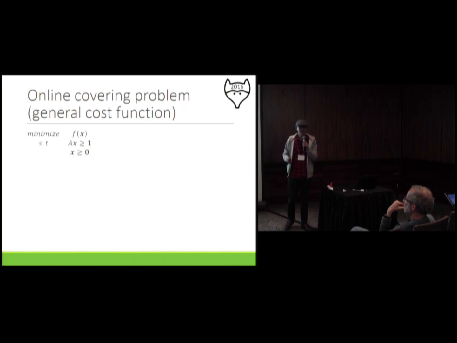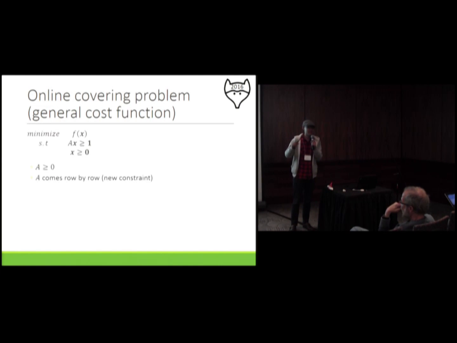Okay. We can write this problem in a mathematical way. Here, the vector x means the number of each pack we want to buy. And A is the matrix for the constraint. It is satisfied that each entry of A is non-negative. However, A doesn't come in advance. Instead, it comes row by row.